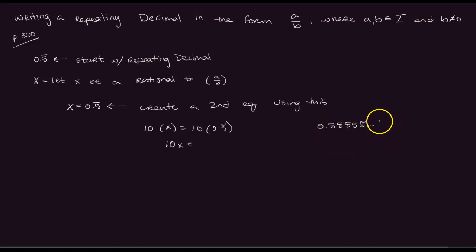And if I multiply that by 10, it just moves my decimal over 1. So where the decimal used to be, it's going to move over 1 position to the right. So 0.5 repeating times 10 becomes 5.5 repeating. And this is perfect because I can use these two equations kind of against each other to eliminate the repeatend.